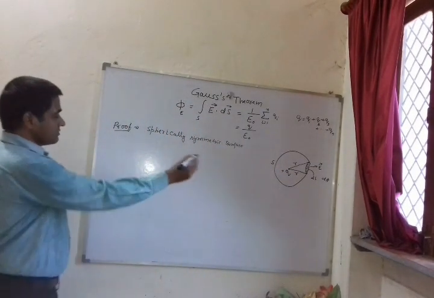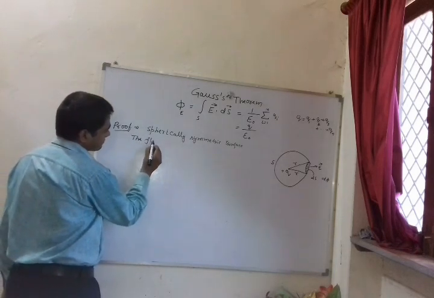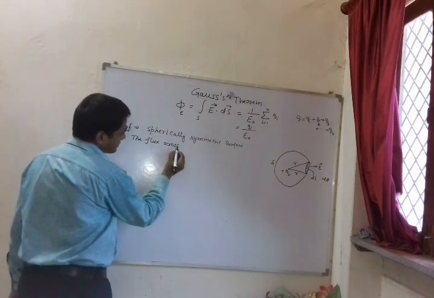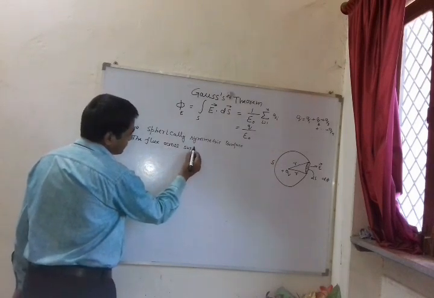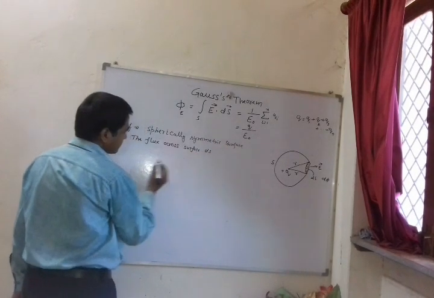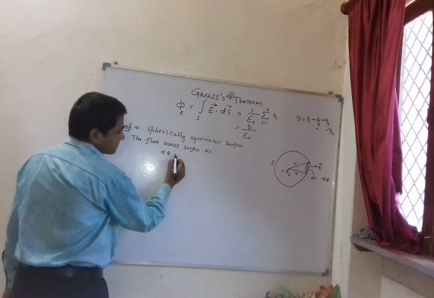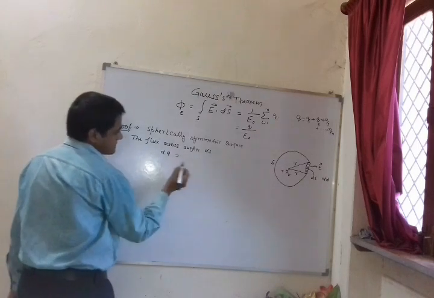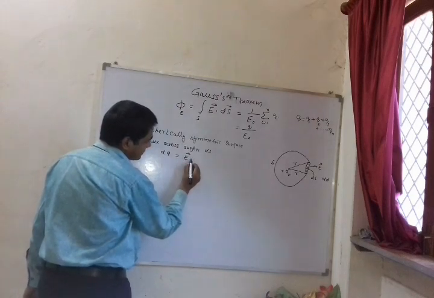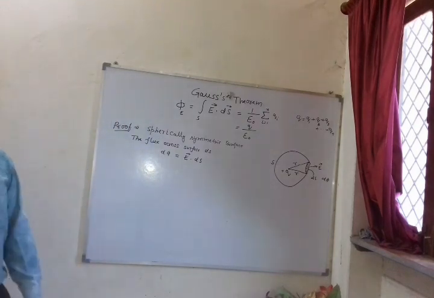So the flux across surface ds is d phi. So d phi is given by E into ds.